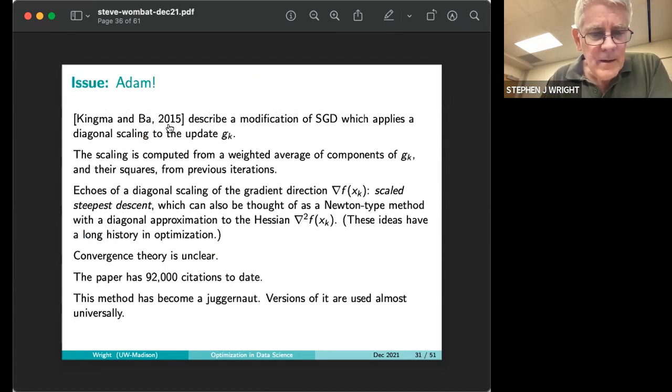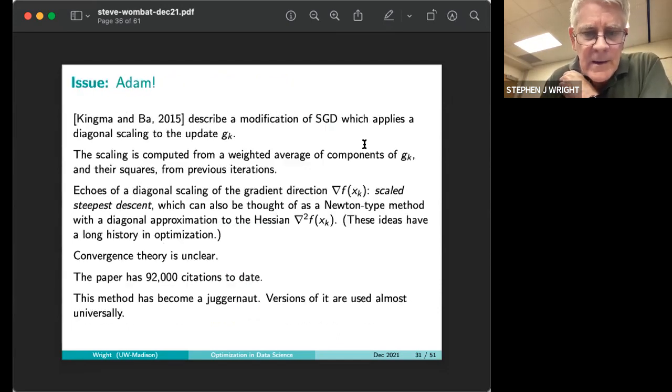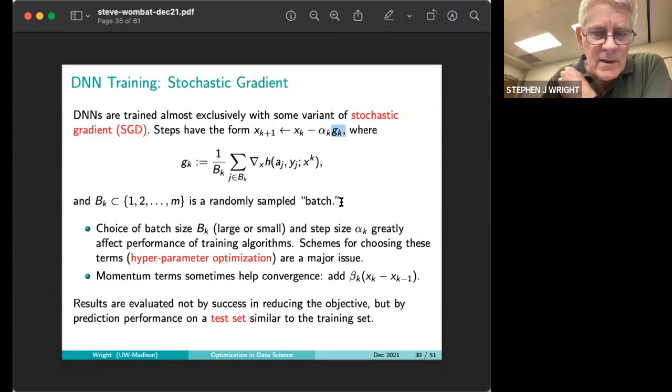Okay, so there's this incredible paper by Kingma and Ba from 2015 that now has 92,000 citations, where they basically take this GK and scale it with a diagonal matrix, and they learn that diagonal matrix by observing what's happening to each of the components over multiple iterations.